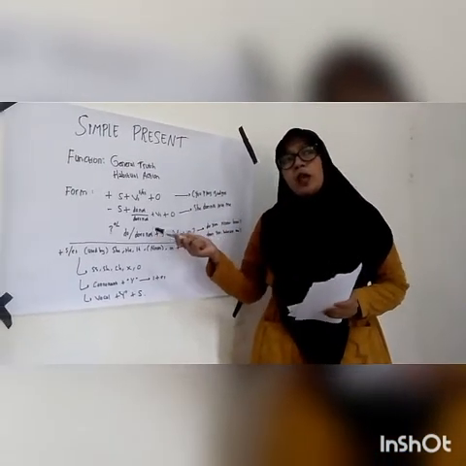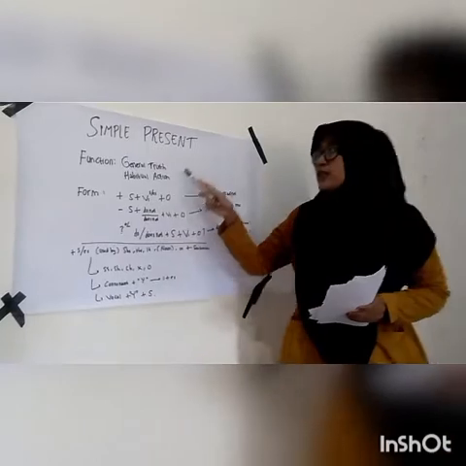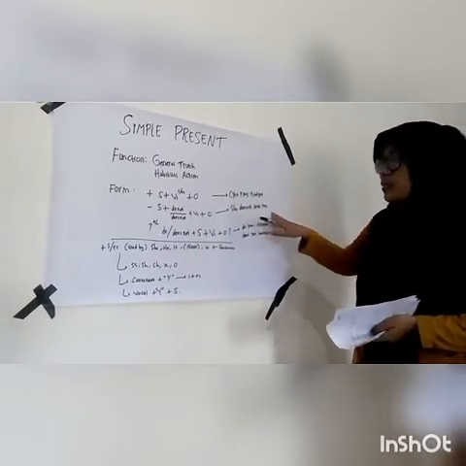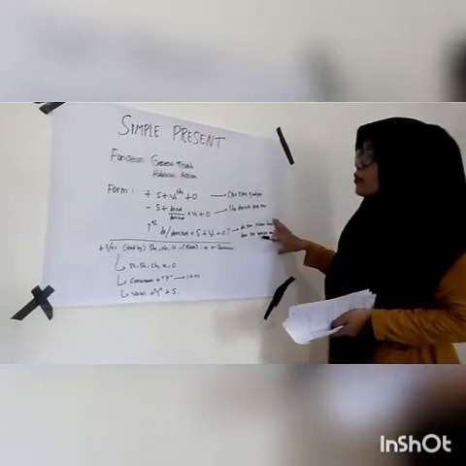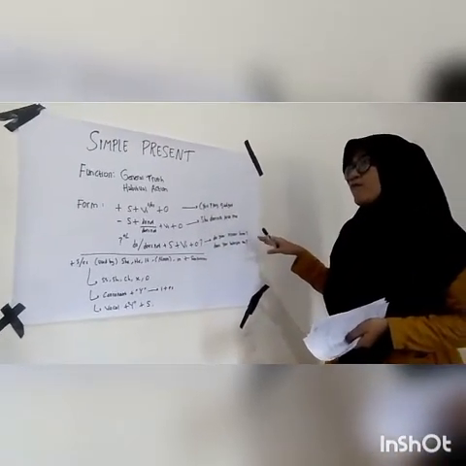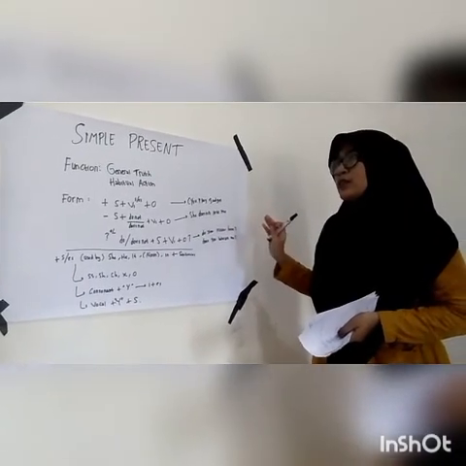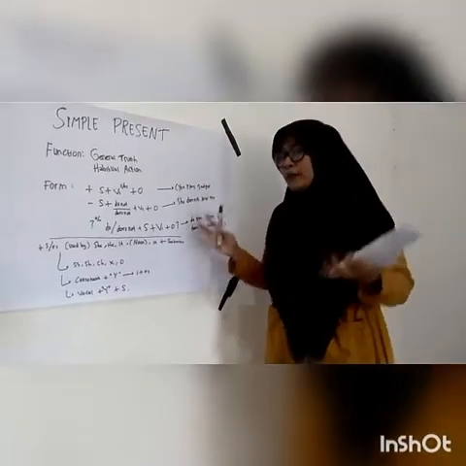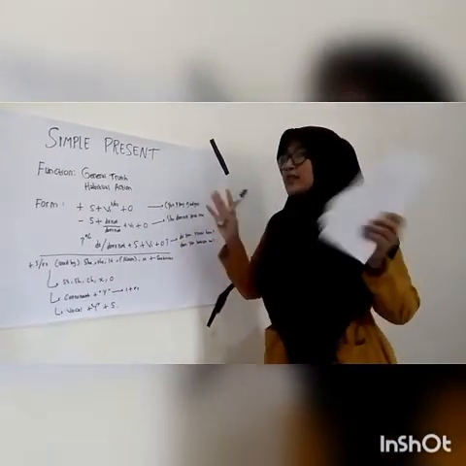Another example of a negative sentence in simple present tense is: she doesn't love me, or I don't like you, or I don't eat now or anytime, or another example.